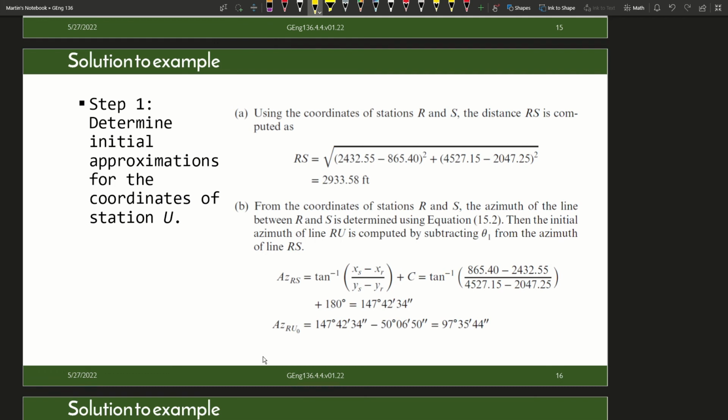So using the coordinates of stations R and S, the distance RS is computed as this, and the azimuth of line RS is determined using this equation. Then the initial azimuth of line RU is computed by subtracting theta 1 from the azimuth of line RS.